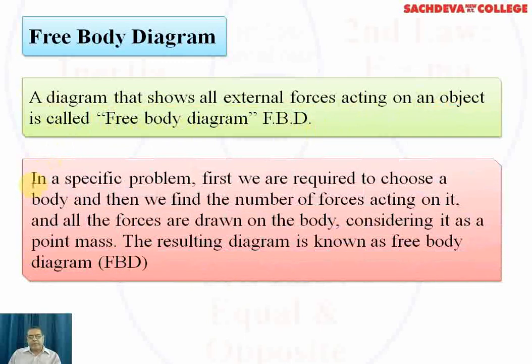In a specific problem, first we choose a body, then we find the number of forces acting on it, and all the forces are drawn on the body. This is shown in the figure, considering it as a point mass. All masses are first of all assumed to be point masses with the forces acting on them. We draw a figure for that, and that figure represents a free body diagram.